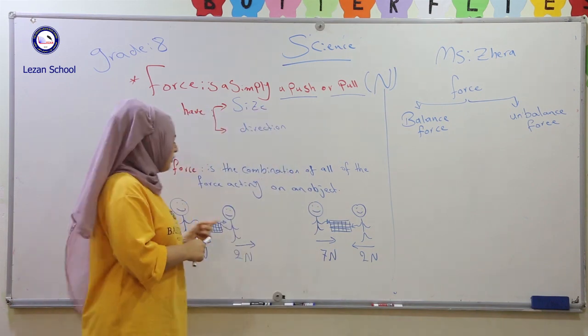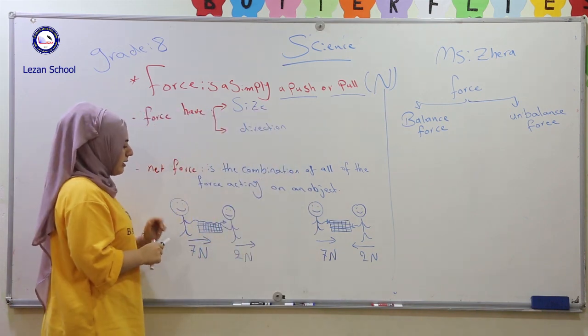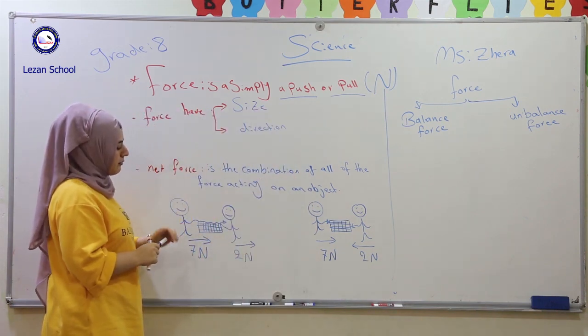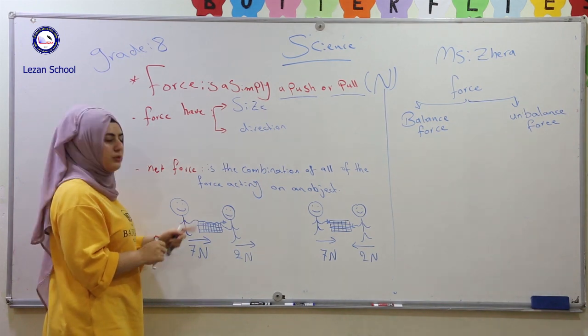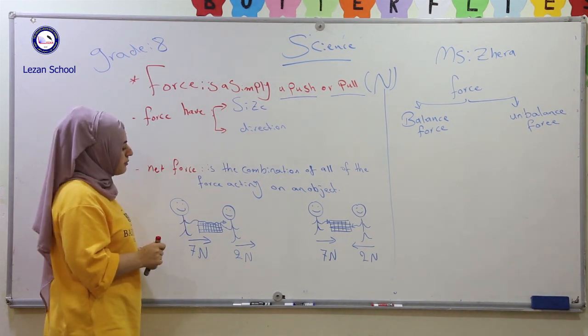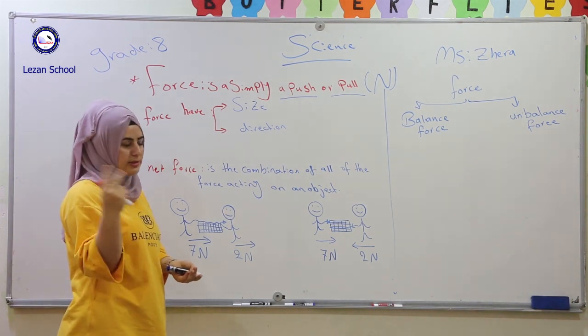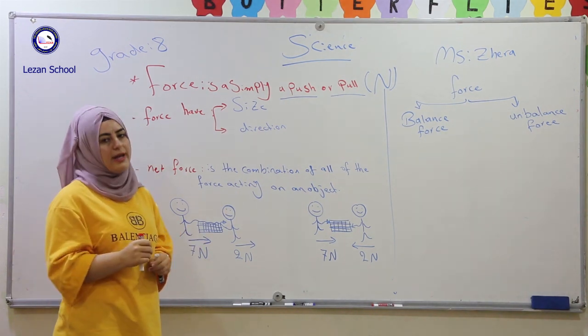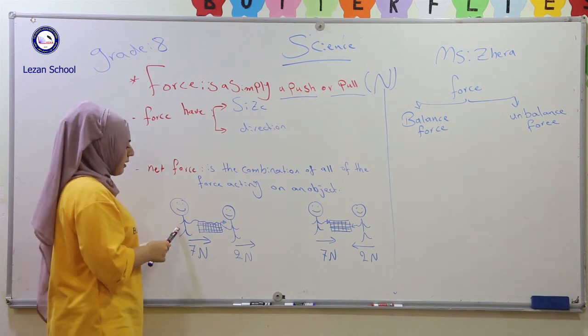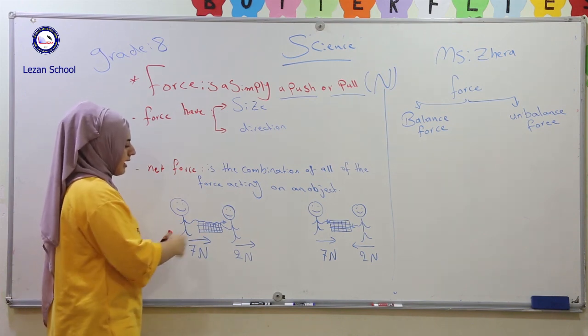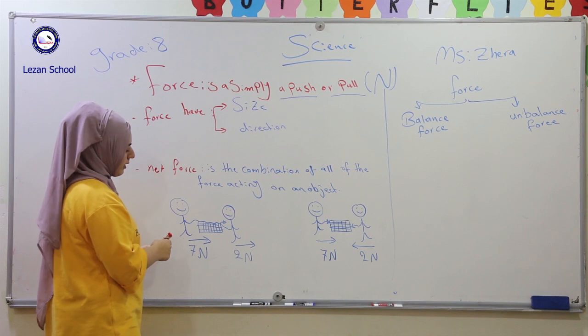We have two boys here, and between these two persons a force happens, but we have two forces. The force here depends on the direction. The first boy is pushing the table and the second one is pulling.